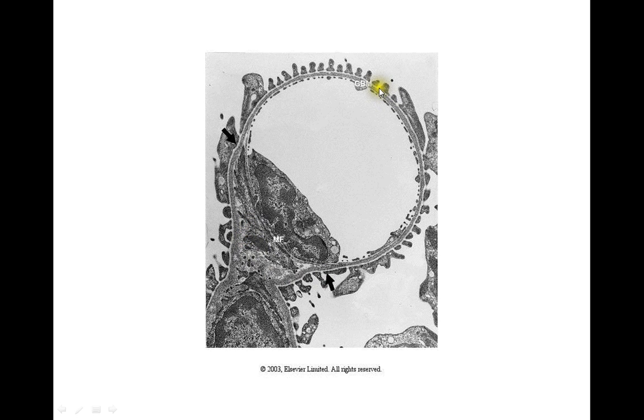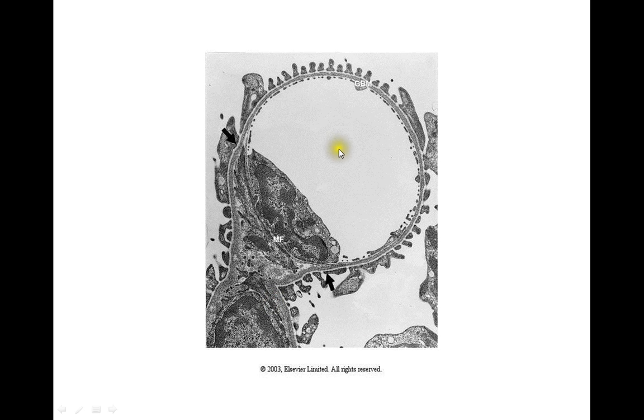This layer is the GBM, which continues alongside the glomerular capillary loop, and also covers the adjacent loops.